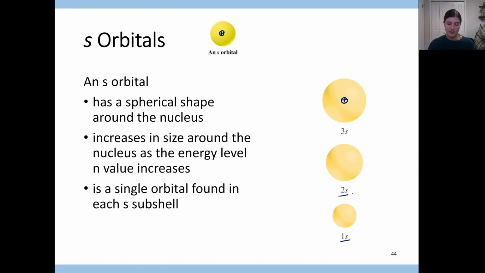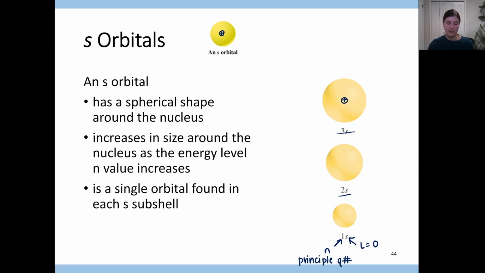These numbers and letters here indicate the number here is n, so principal quantum number. And then the letter is shape, so that's L, the secondary quantum number. So if principal quantum number is 1 and L, secondary quantum number, is 0, then we have this 1s shape.